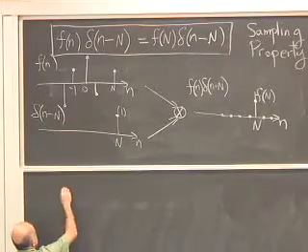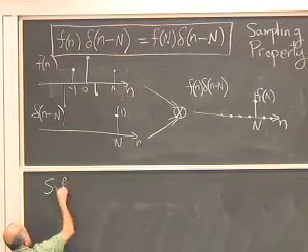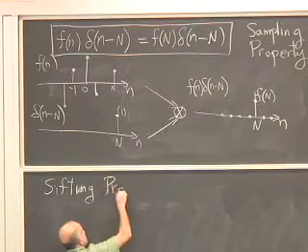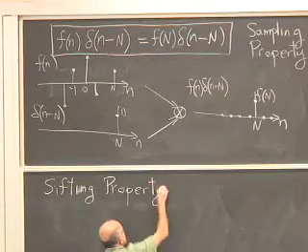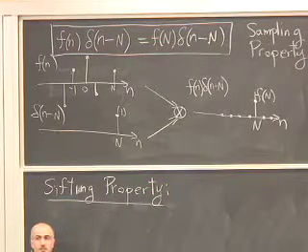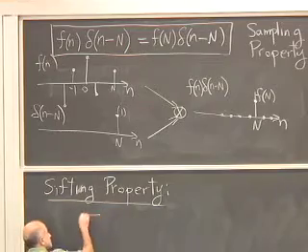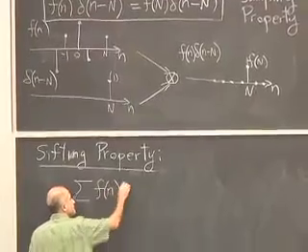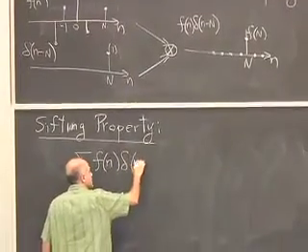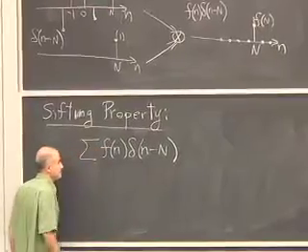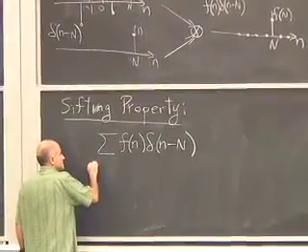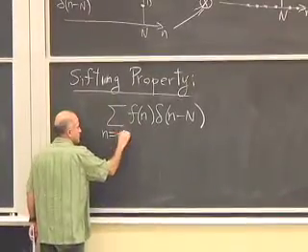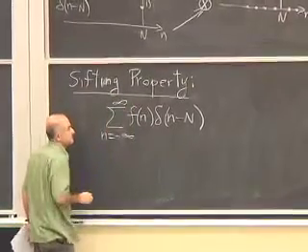Another property is what we call the sifting property. And that is when you have a signal f of n coming in contact with a shifted impulse, where the limits of the sum, I'll put negative infinity to infinity for now.